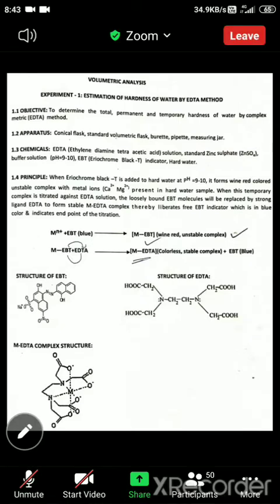Next is how to estimate hardness by the EDTA method, ethylene diamine tetraacetic acid. Take any unknown water sample. We calculate how much temporary hardness and how much permanent hardness it has by using this EDTA method.